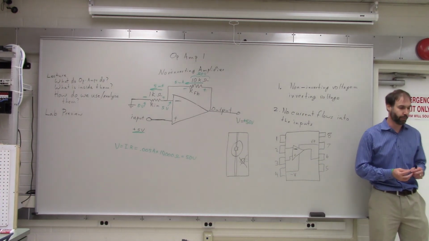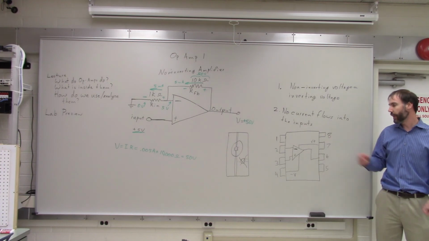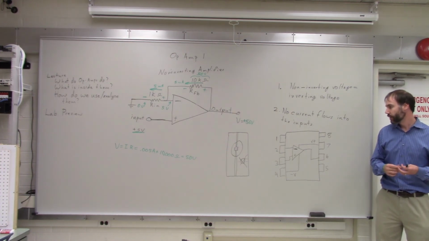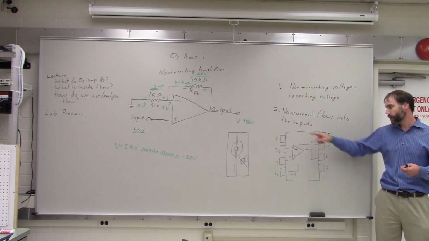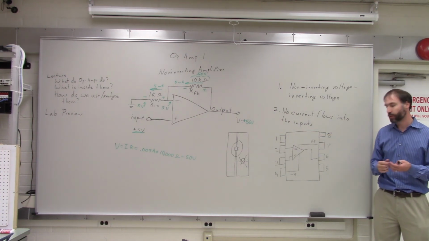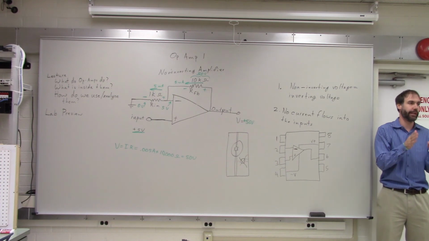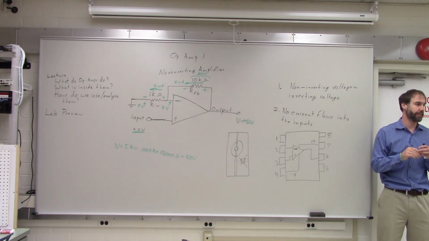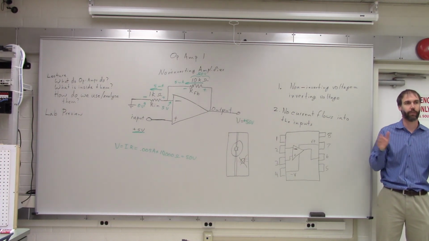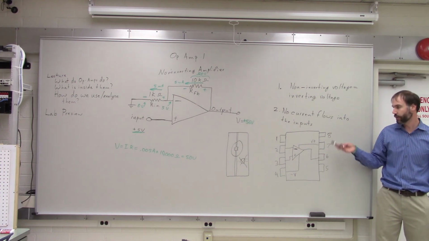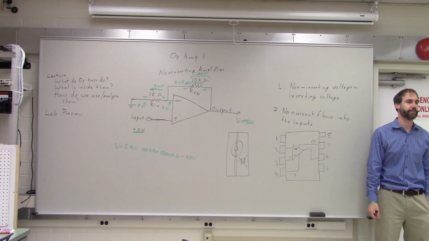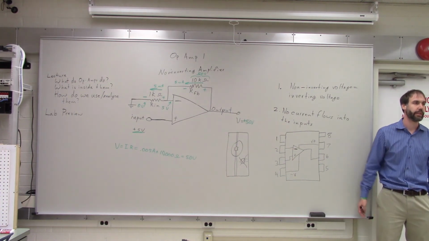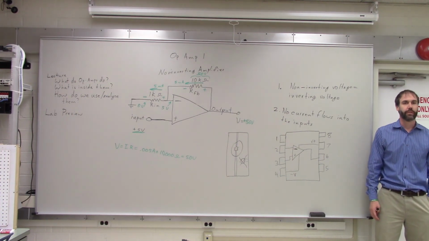If you were using the op-amp for really high precision circuits, then you could attach a little potentiometer between terminal 1 and terminal 5, and you could dial it in and do a little bit of fine tuning. But that's only for really high precision stuff. We're not going to worry about it. So it's not going to be used at all tonight or in any of the labs that we do. So, yeah, good question. Other questions?